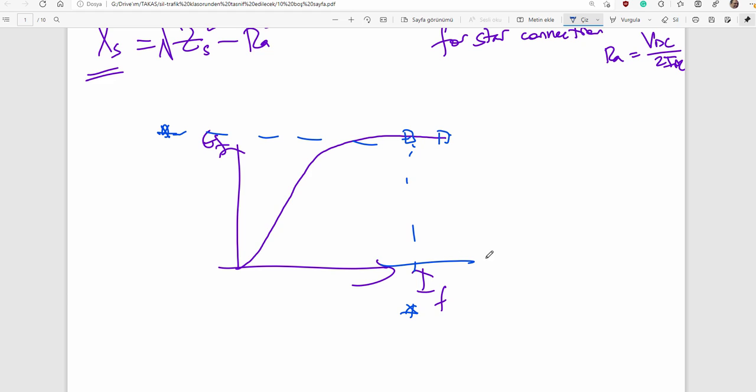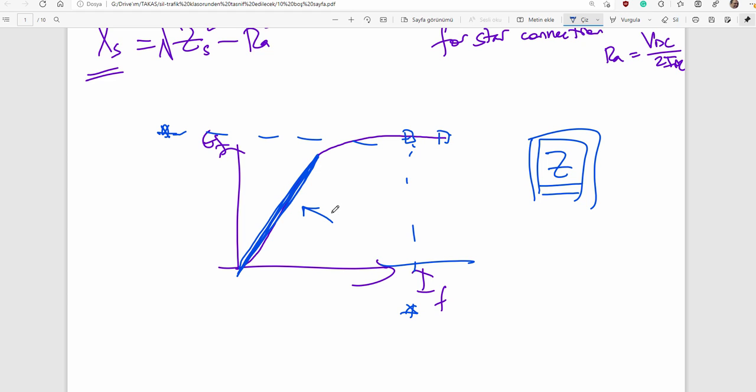But you can calculate some impedance here, but that impedance does not represent the linear region. Machine is generally operated in that linear region, the general operation region. Because that is a forced region, saturated region.